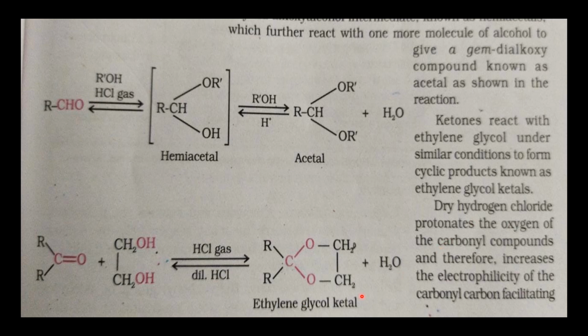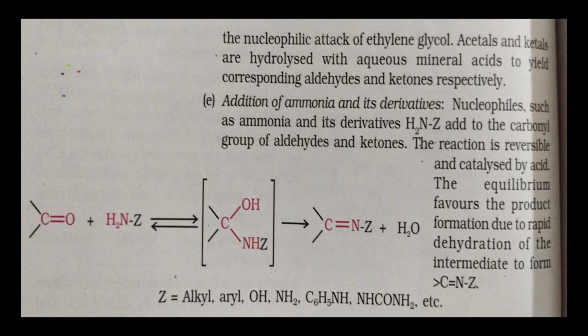Dry hydrogen chloride protonates the oxygen of carbonyl compounds and therefore increases the electrophilicity of the carbonyl carbon, facilitating the nucleophilic attack of ethylene glycol. Acetals and ketals are hydrolyzed with aqueous mineral acids to yield corresponding aldehydes and ketones respectively.